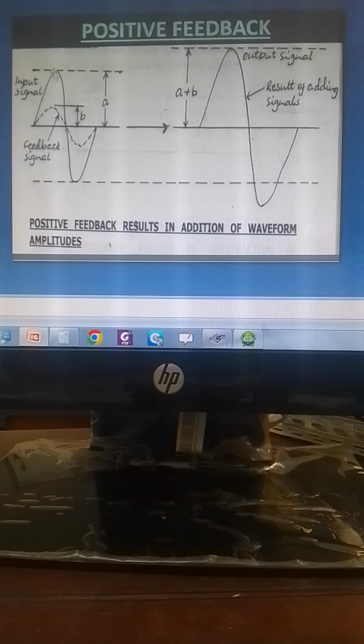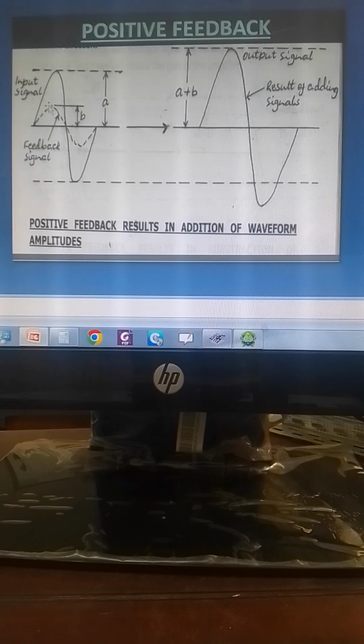This one is the input signal, which has the solid line. And this one with the dotted lines is the feedback signal. If you check, they are going in the same direction, meaning that they are in phase. So the output will be the addition of the input signal and the feedback signal. Hence, the output is bigger than the input signal. Why?